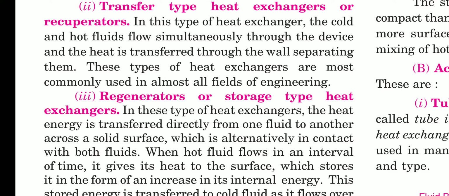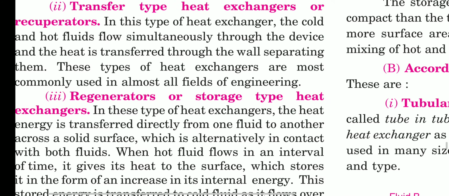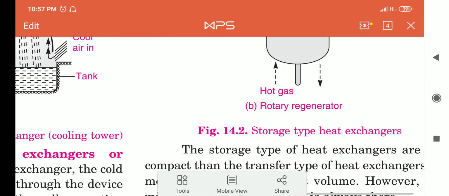So the hot fluid and cold fluid enter and leave the heat exchanger at different times. These can be seen in many industrial applications, especially refrigeration. In Stirling cycle refrigerators we can see these kinds of storage type heat exchangers. They are otherwise called regenerators.